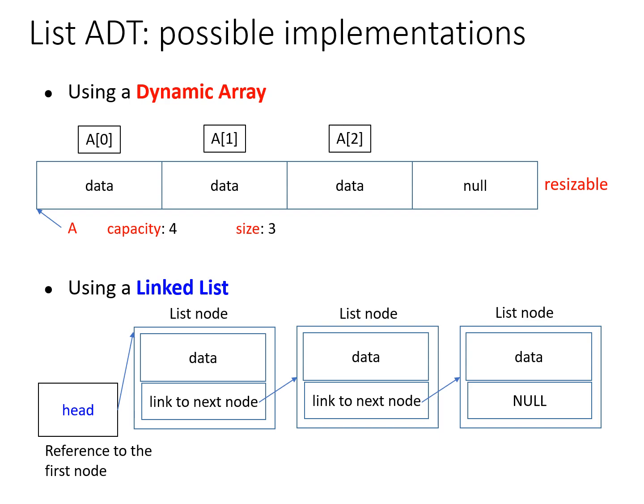In this case, we need to store the reference to the first node in the sequence, and everything else will be recoverable by traversing a sequence of links: next, next, next. Let's look at what efficiency we got for all these operations with these two implementations.